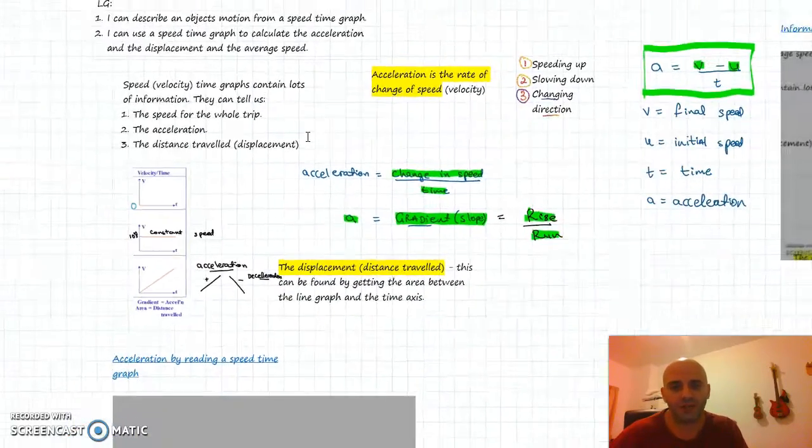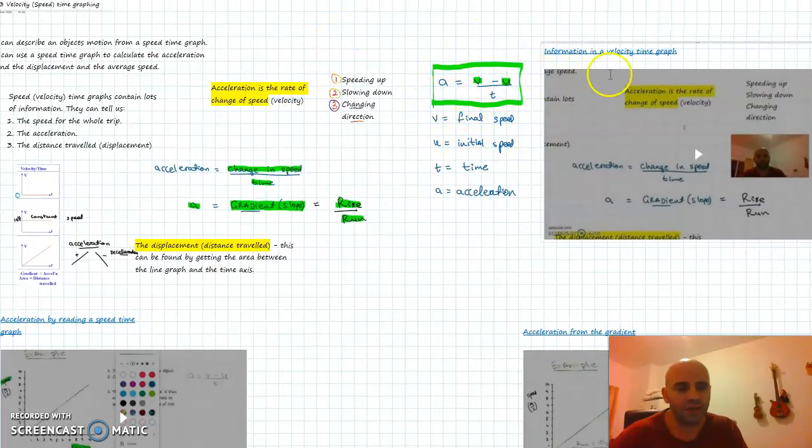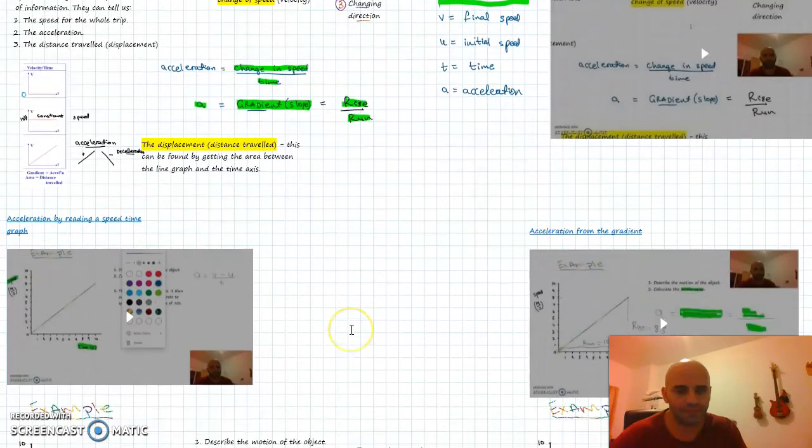Again, I've done it the same way. I've explained a little bit about what information is in a VT graph, or a velocity time graph. Then I've gone through some explanations on acceleration.